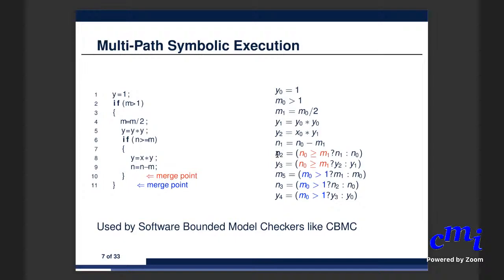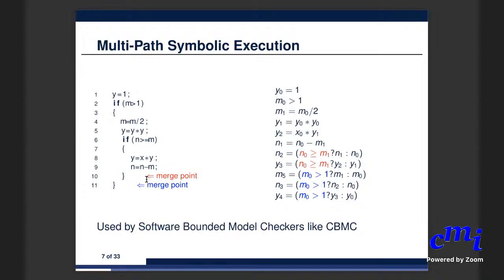This is how we will embed that in the symbolic expression generated for the code itself, by introducing these new merge variables. If you look at it, this is exactly what the conditional inference rule does. So at this point, for example, there is a merge point.